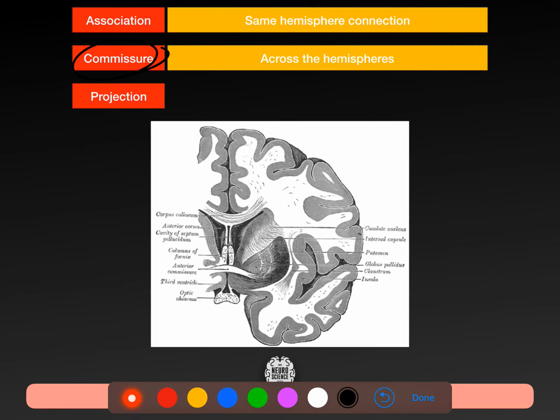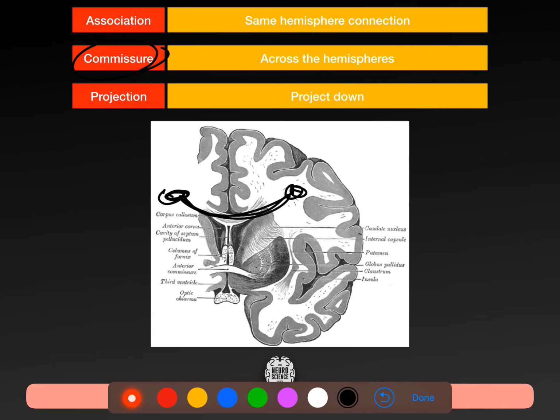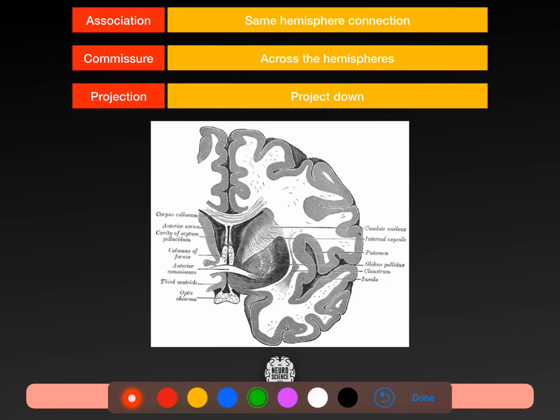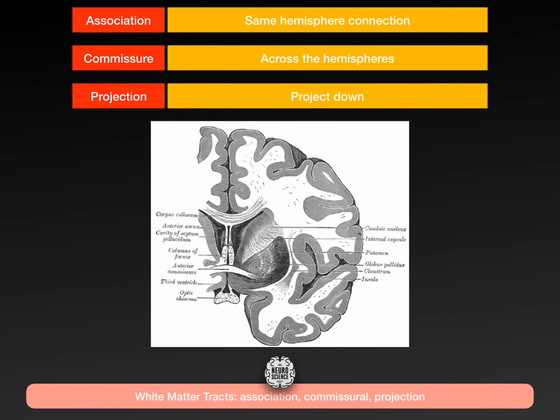So the corpus callosum is commissural fibres, connecting something from here, across the two hemispheres. Projection fibres project down, so they might be projecting down through the internal capsule or other structures, into it could be the corticospinal tract, or something like that. So association, commissural, projection, these are white matter tracts. This is how the white matter tracts are organised, and it's something that they really want you to know.